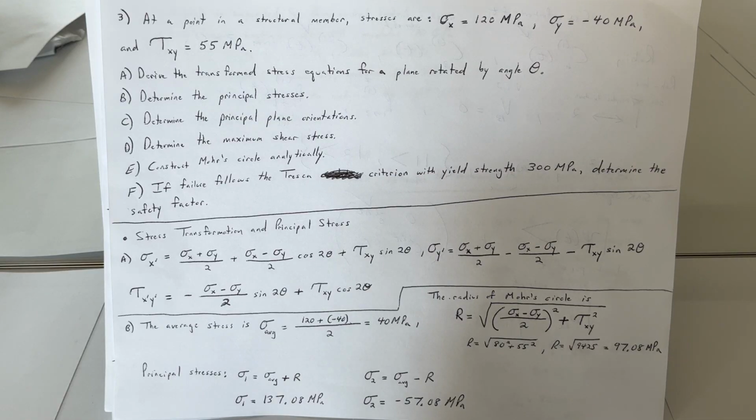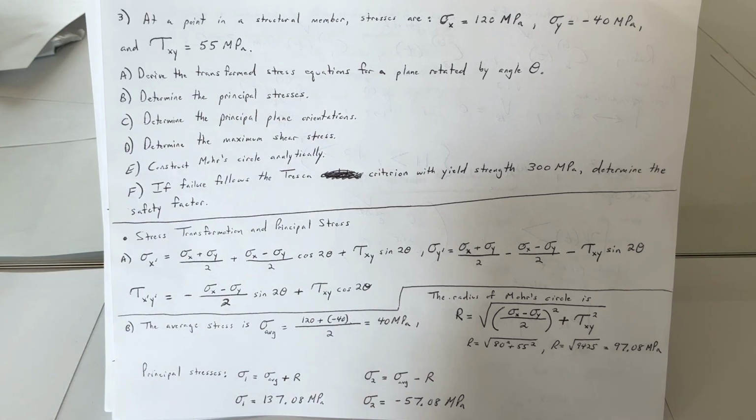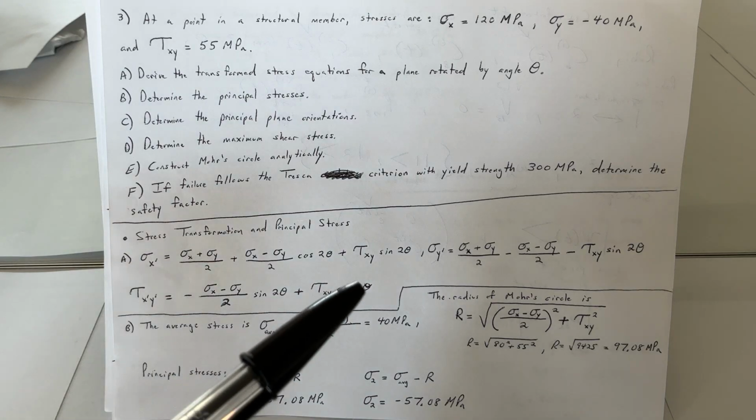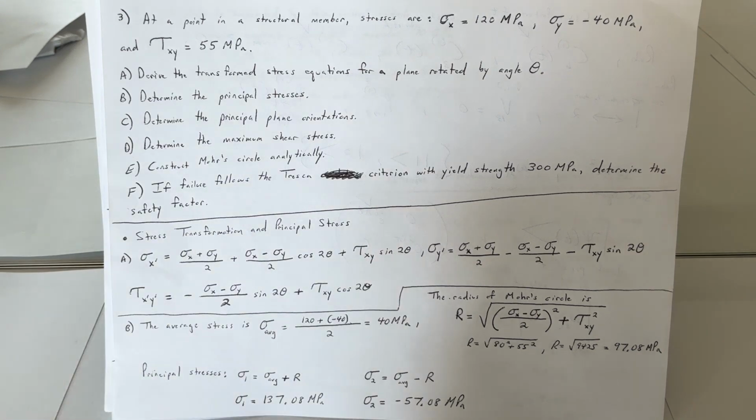Okay, so this is a stress transformation and principal stress problem. Okay, so part A here, sigma sub x prime equals sigma sub x plus sigma sub y over 2 plus sigma sub x minus sigma sub y over 2 times cosine 2 theta plus tau sub xy sine 2 theta.